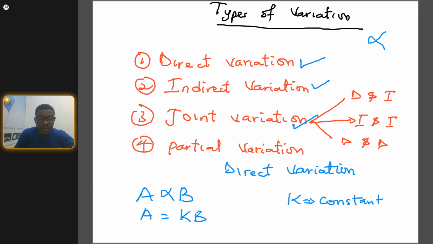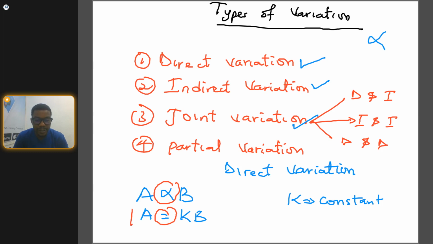Now, if you notice, the variation sign is no more there. It has been changed to equals to. So once you change it to equals to, you need to introduce a constant, and the constant that is acceptable in this topic is letter K. So we have A equals to KB.